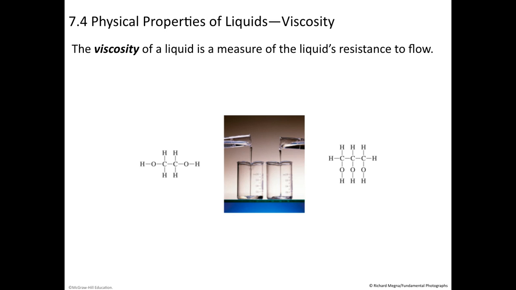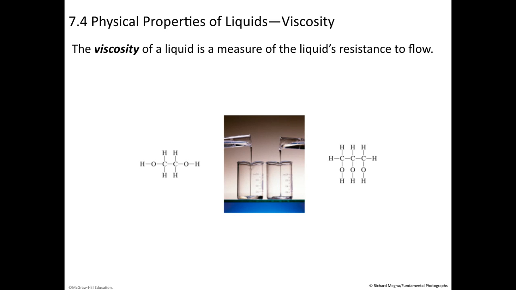So viscosity is a physical property of a liquid, and viscosity is resistance to flow. If you have molasses, you might say it's flowing as slow as molasses. Molasses has high viscosity. It has a lot of resistance to flow. Different liquids have different resistance to flow.